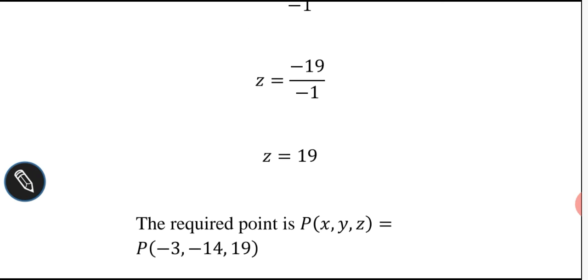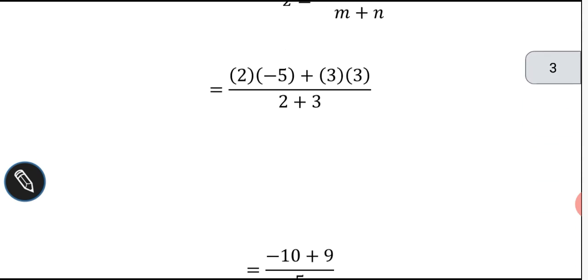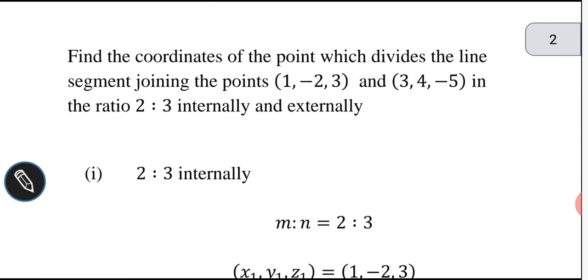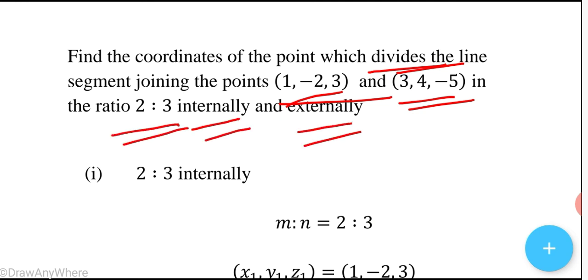Hence the required point P of x comma y comma z is equal to P of minus 3 comma minus 14 comma 19. Okay, so this is the explanation for the given problem, which divides the line joining the given points x1 y1 z1 and x2 y2 z2 in the ratio m is to n internally and externally.